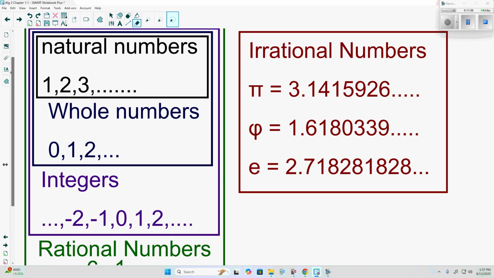Now, the first one that I listed as an example, you don't have to write the whole decimal number, just to get the idea, is pi. We use pi especially for circles, finding area of circles, and types of rotation, 3.1415926, and it keeps going on. The one below it is phi. Phi is considered to be the golden ratio. If you look at especially Greek architecture and Greek sculptures, they love phi.